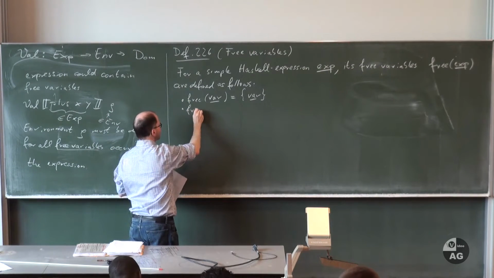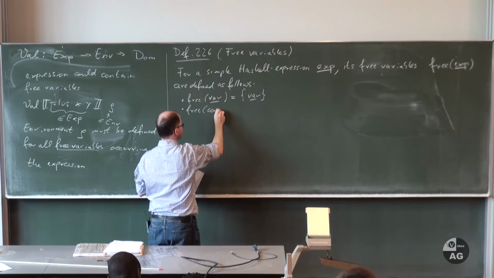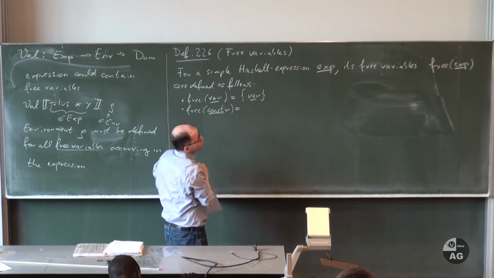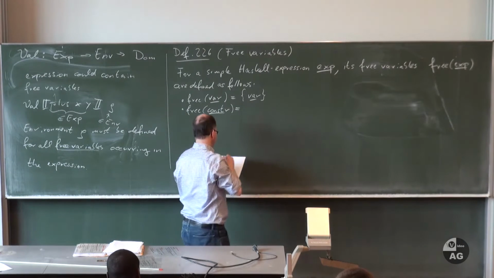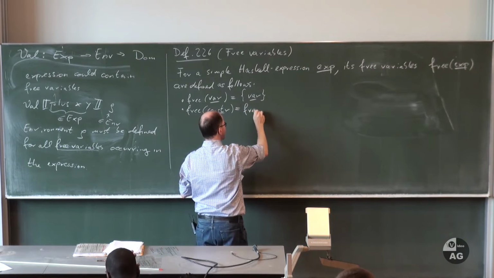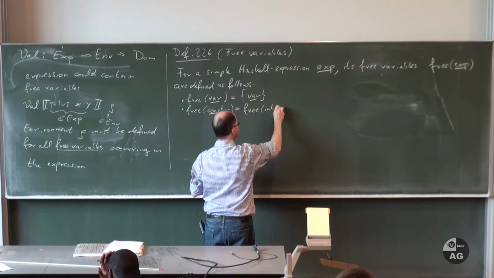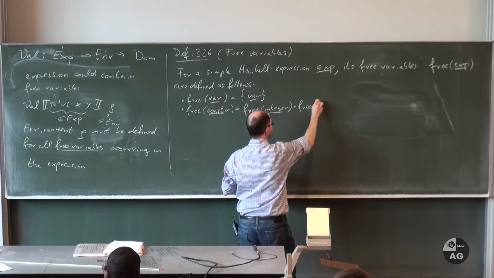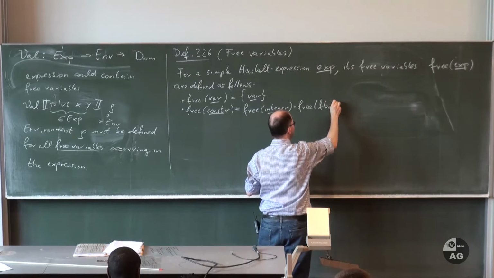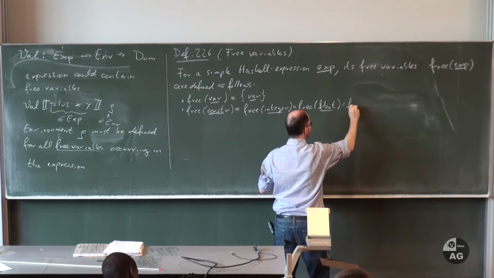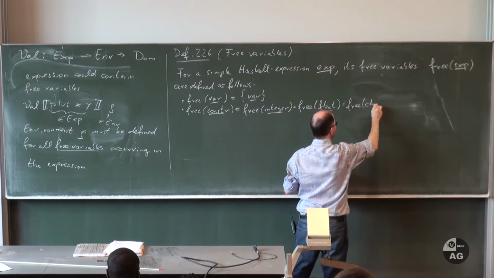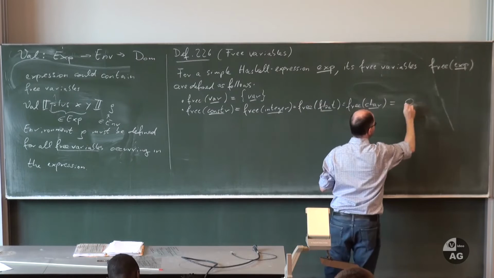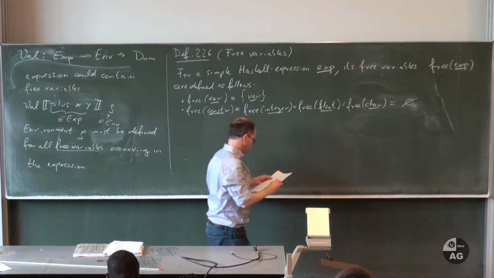What happens if we have a data constructor or an integer or a floating point or a character? Well, there is no variable here, so there are no free variables.